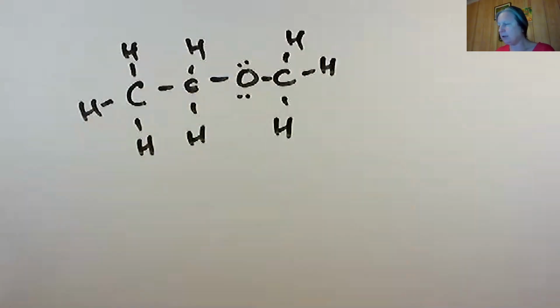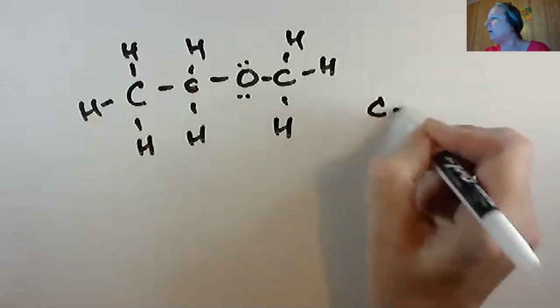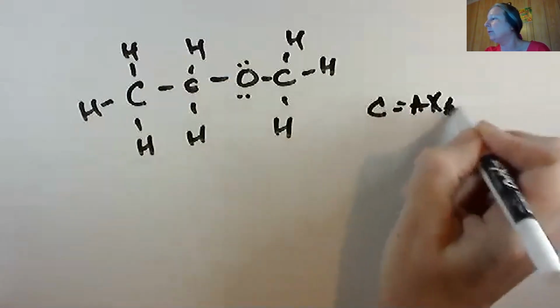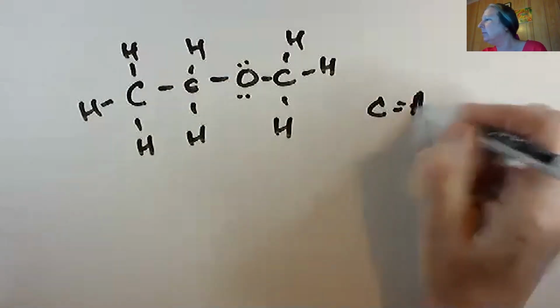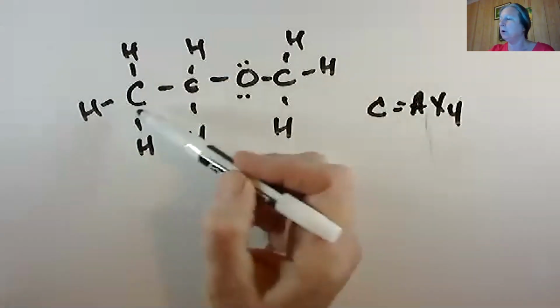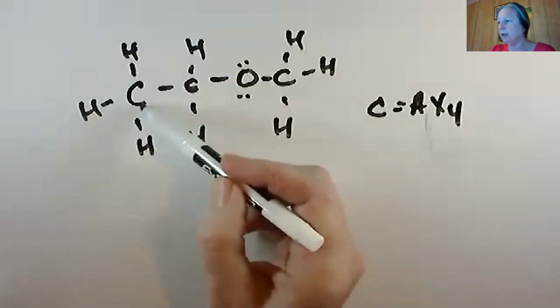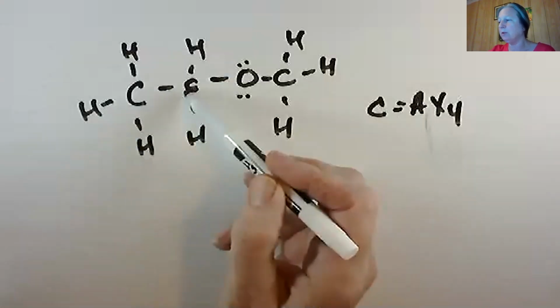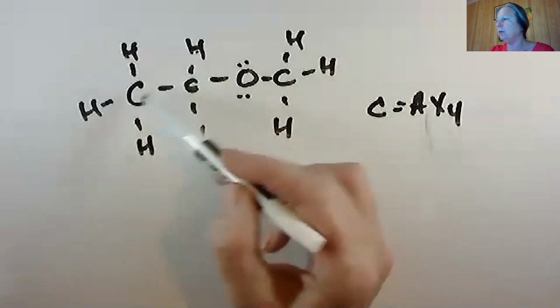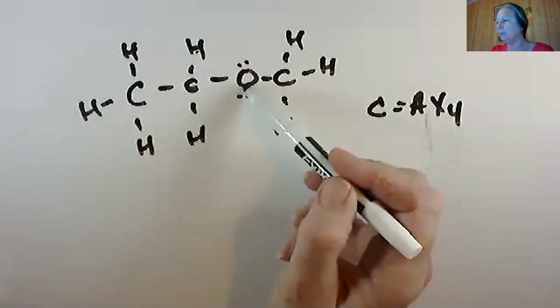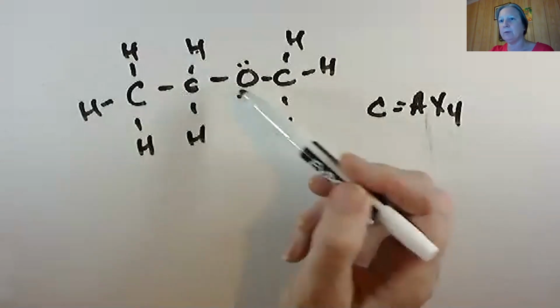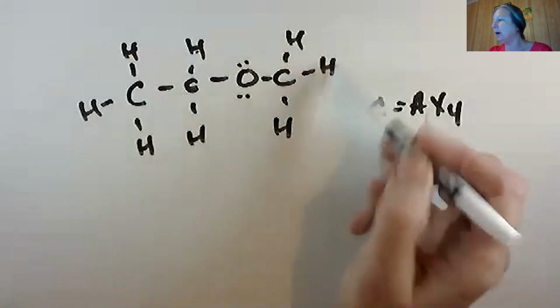Okay, I can already tell you that my carbons are all AX4, because I've done this a lot. But you can work this out. 4 atoms connected to it, X4. This carbon has 4 atoms. It has 2 hydrogens, a carbon, and an oxygen, X4. This carbon has 3 hydrogens and an oxygen.